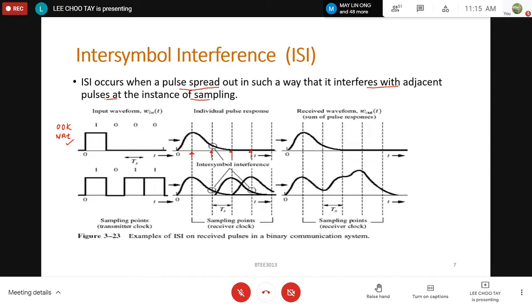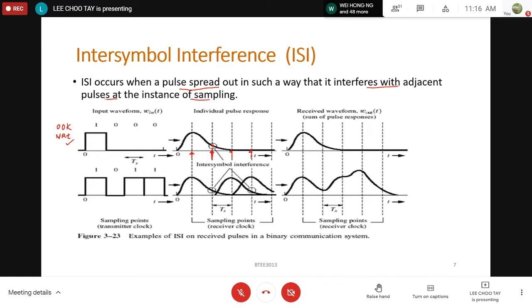And ideally, if at the instant of sampling the sample power is zero, then that means binary 0. But in this case, due to the ISI or the smearing of the pulses, at the instant of sampling here, the amplitude of this incoming signal is not really 0.